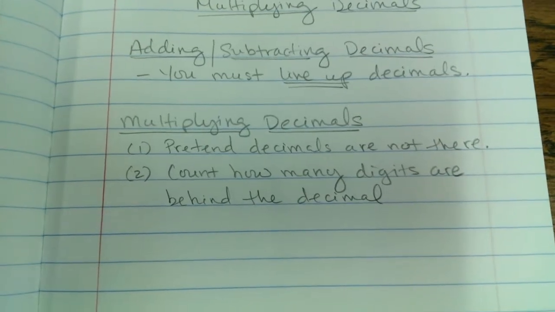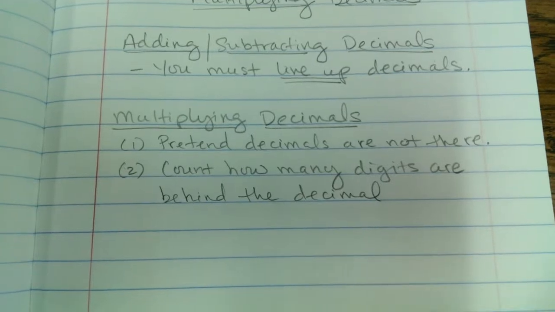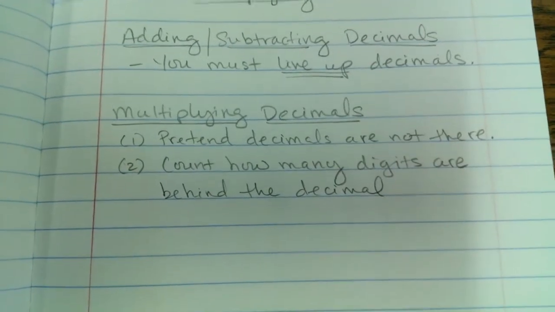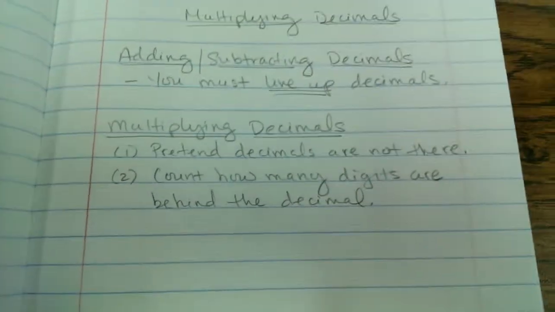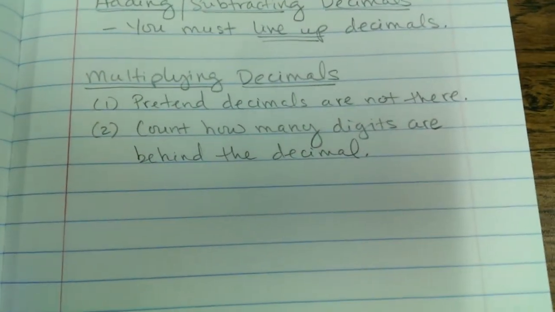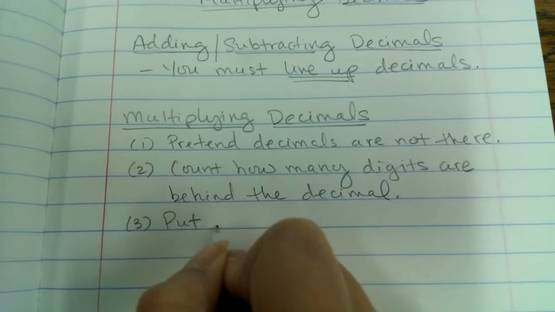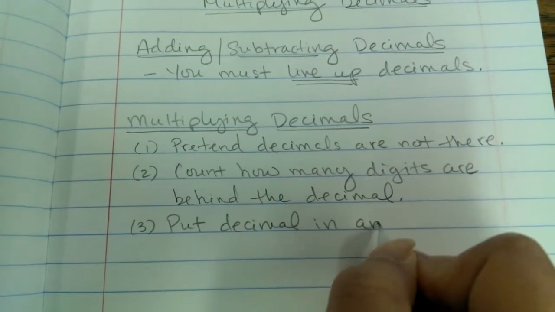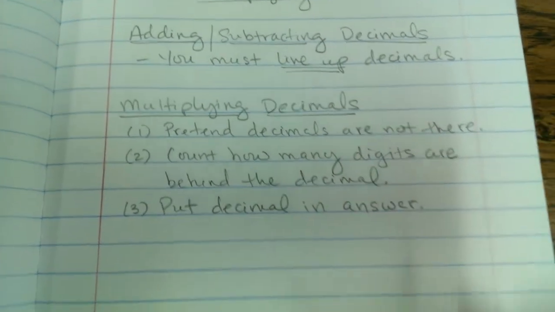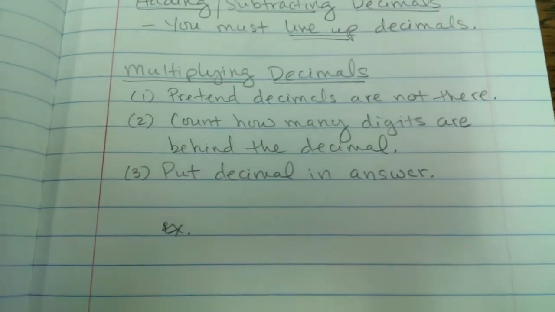You count how many digits are behind the decimal in your work, and then you put the decimal in your answer in front of that many numbers. So the third step would be put decimal in answer. Now that might sound confusing at first, so let's do an example, and the steps will make a lot more sense.